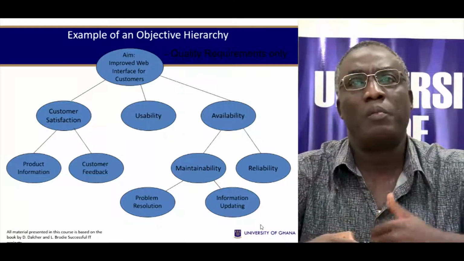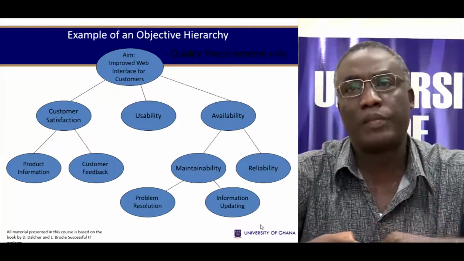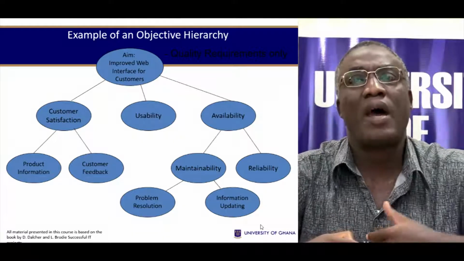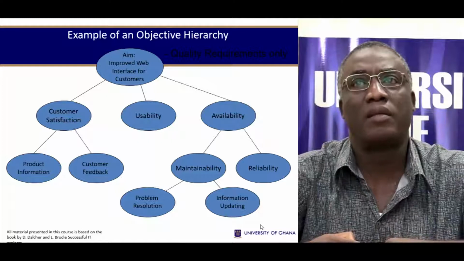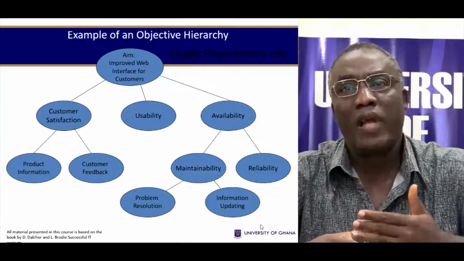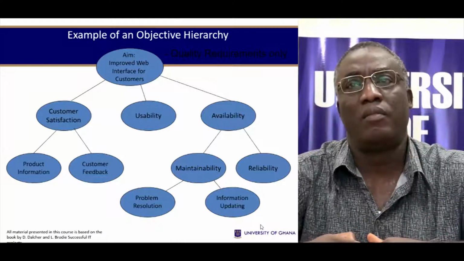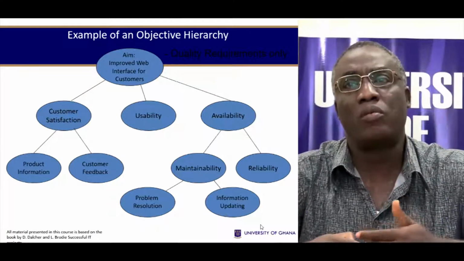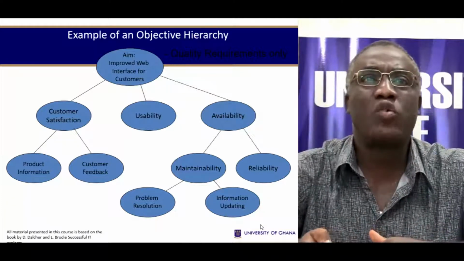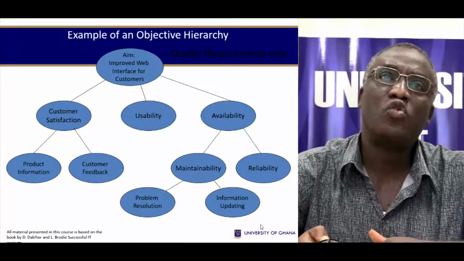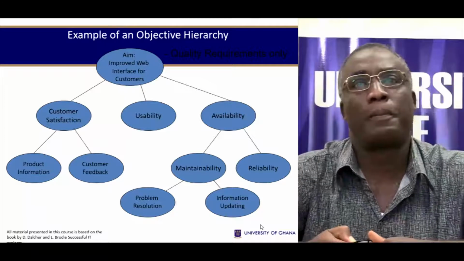Maintainability means ensuring that if there's a problem, there's always a resolution, and then updating information as and when required. Availability is also supported by reliability, meaning that your system is reliable, that it is there when the user needs it. So by doing all of these things, you would achieve your aim of an improved web interface for customers.